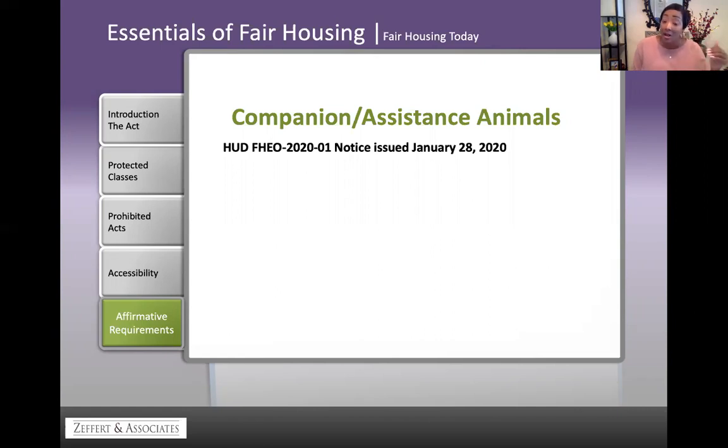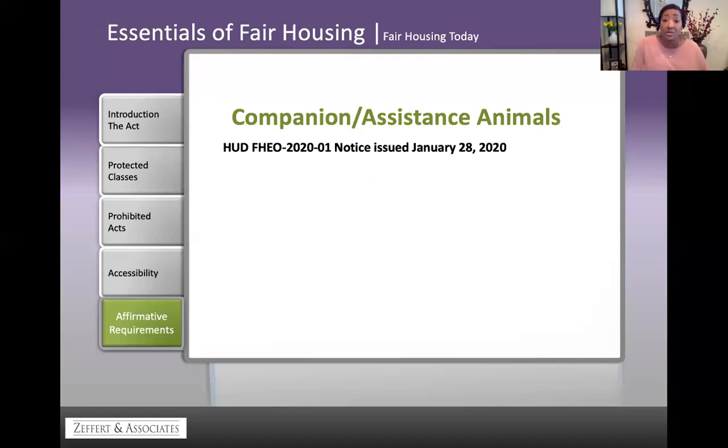Going back to, remember how I broke down to you what is reasonable? Is it reasonable? So in other words, if the housing provider's insurance policy would cancel, or it's a higher insurance cost based on the liability of these particular types of animals, it could be a problem for that owner obtaining insurance at the property.